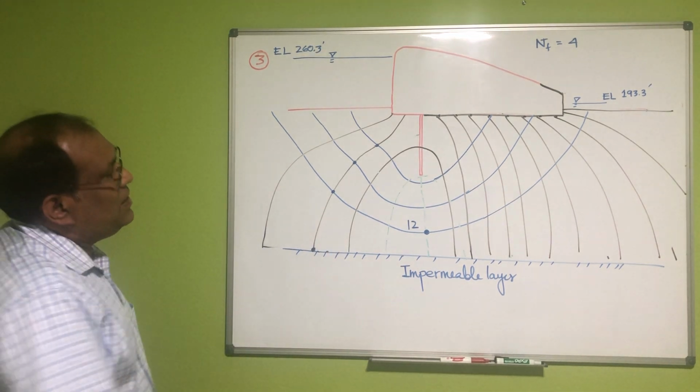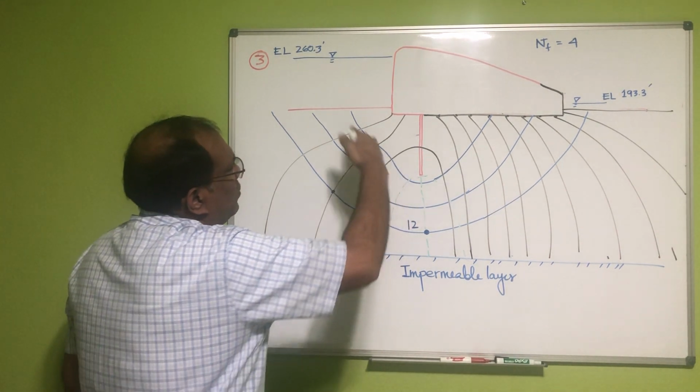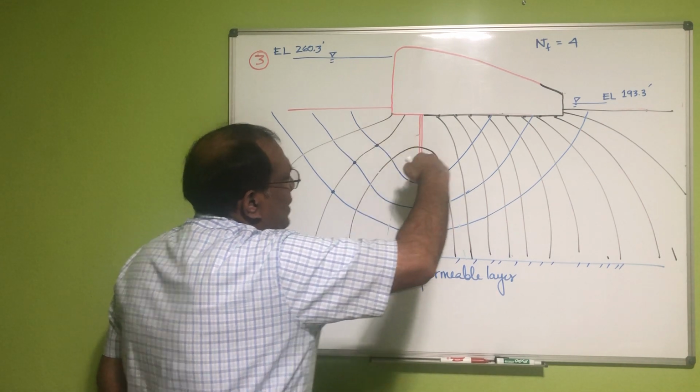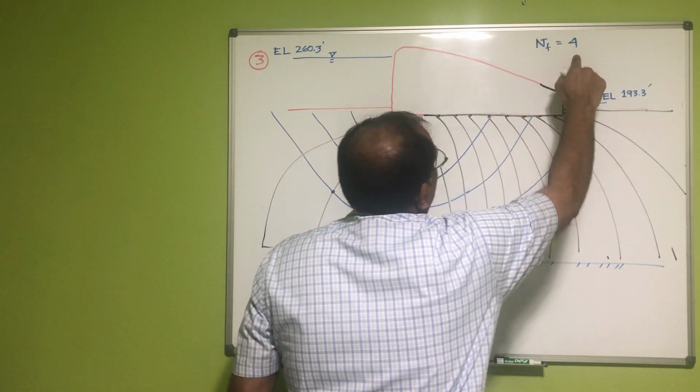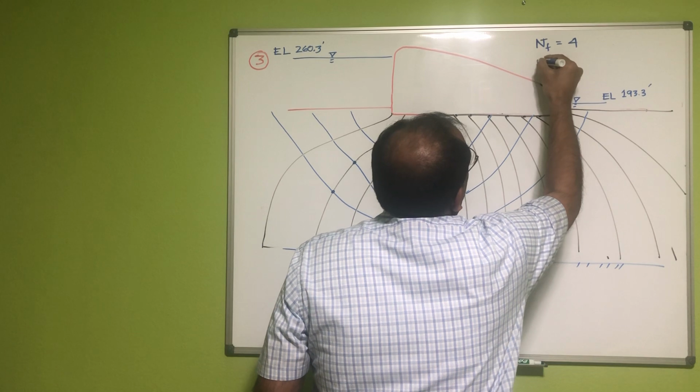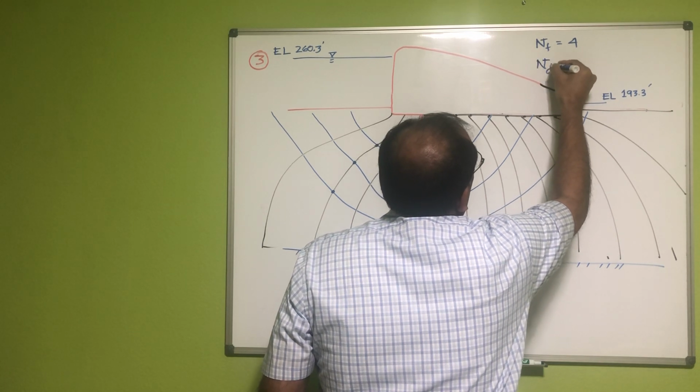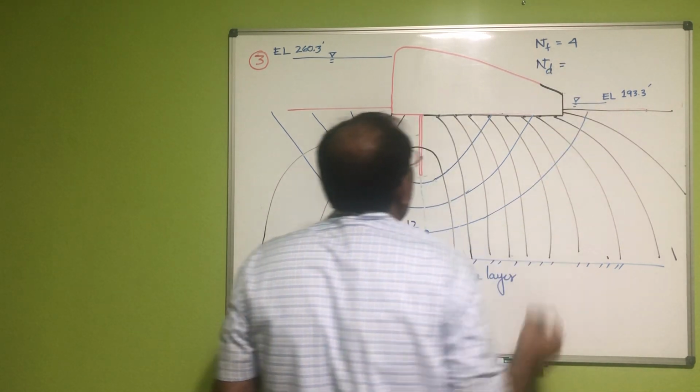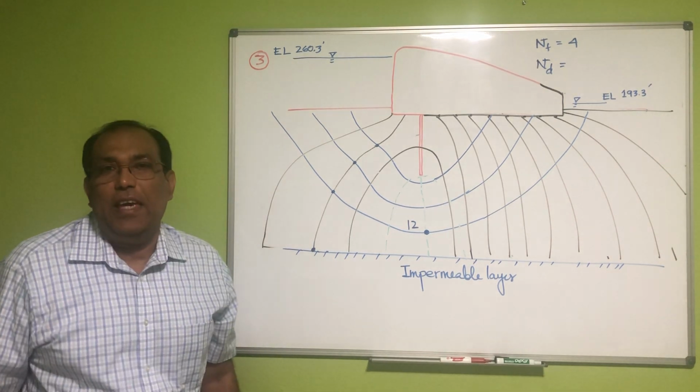And these are called flow lines; the water will flow along that line. So this is your number of flow lines. And then the number of equipotential drops, that's what we call how many drops we have here.